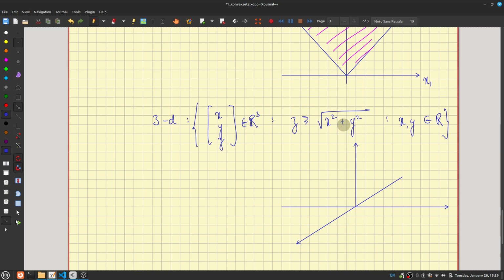So what does x squared plus y squared look like? x squared plus y squared equal to a constant is basically a circle, right?